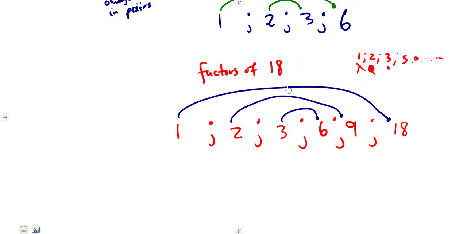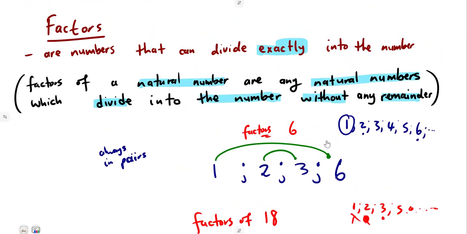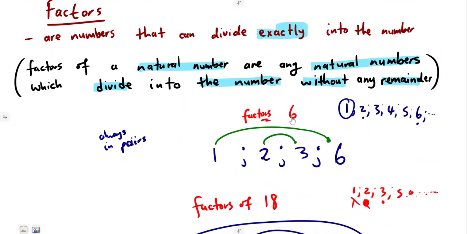As we can see, this number 18 has more than two different factors. The number that we had before, 6, also has more than two different factors. So those are referred to as composite numbers. Composite numbers are natural numbers with more than two different factors.